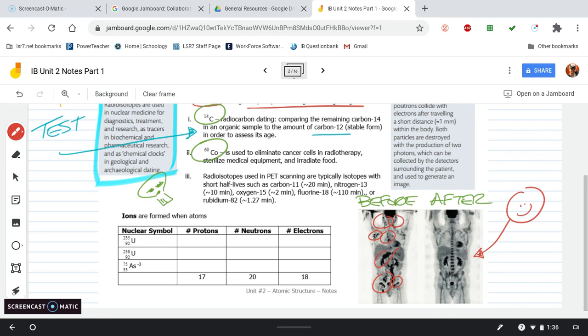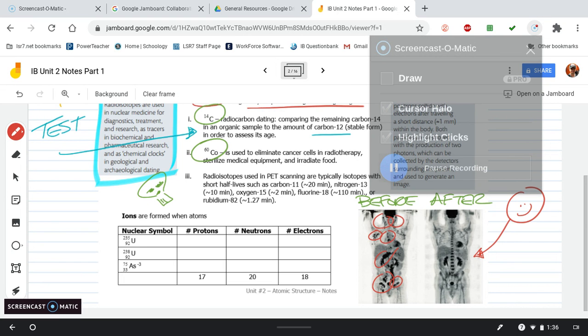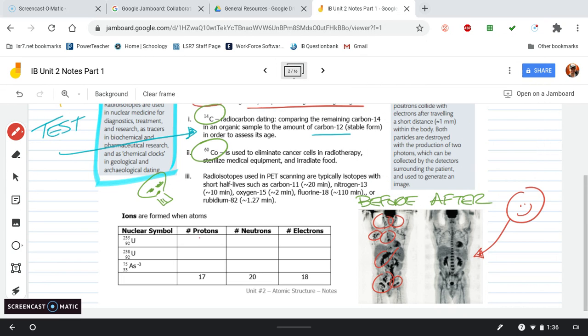Okay, let's take a look at your chart here. Let's see how you did, and I'll go over it with you. This is basic stuff. So protons is the bottom number. Here we go, we're going to go with 92. When you're looking at these things, it's top number minus bottom number.